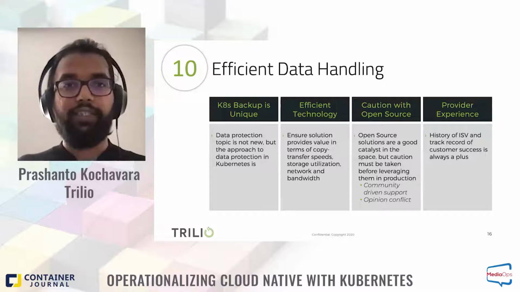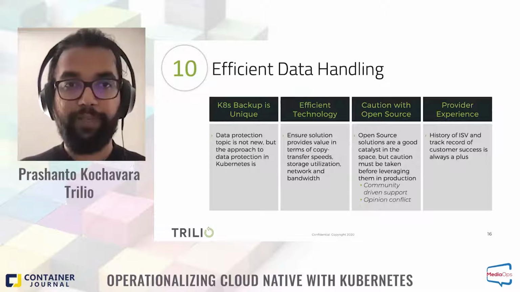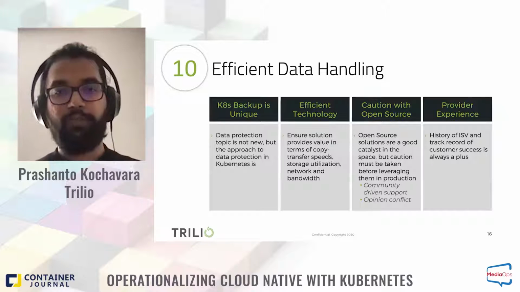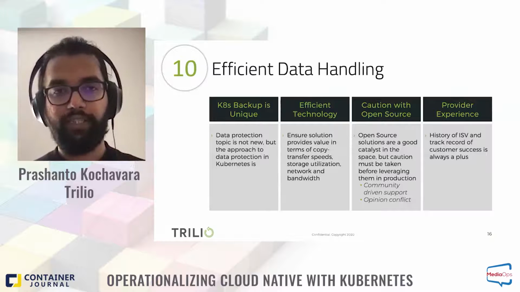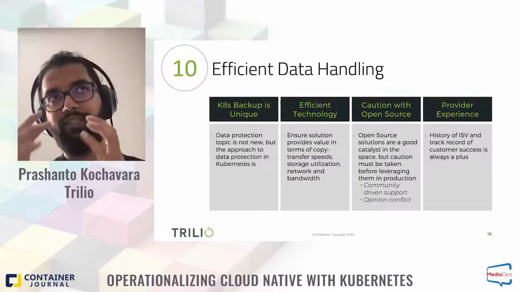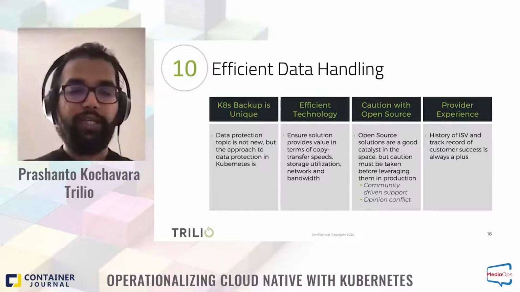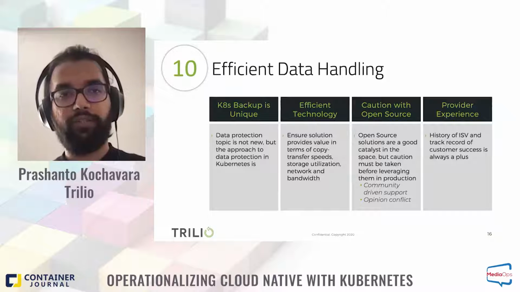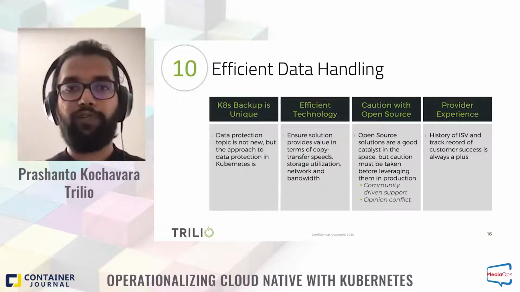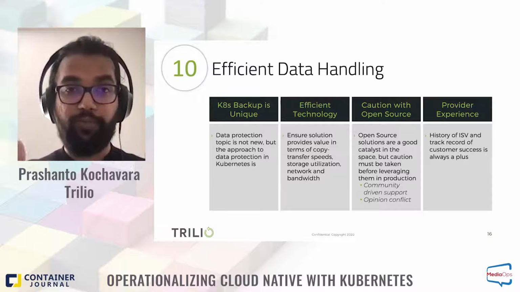And then finally, the 10th and last requirement from our perspective is efficient data handling. Going back to our business problem, there is a lot of data that is being created. So you want to make sure that when you back up this data, it is being stored efficiently. If you just do a data dump into the target repository, it's going to occupy a lot of space, there's going to be a lot of network chatter, and your costs are going to be very high.